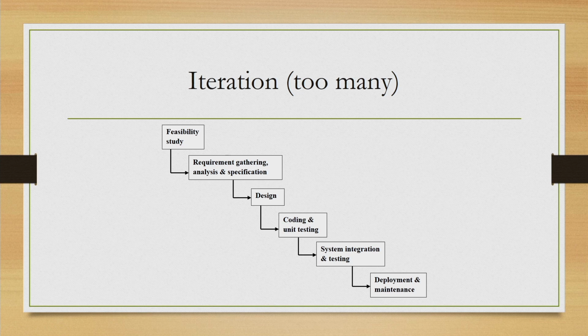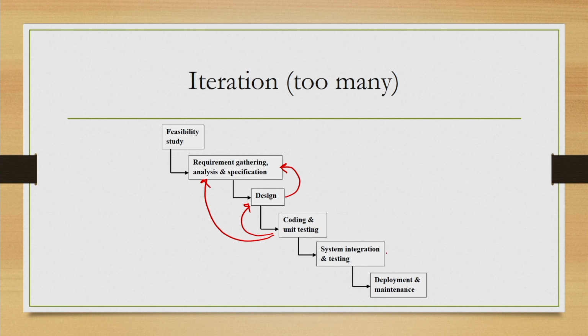So, if we relook at the waterfall model, then to get user feedback we need lots of going back and forth between the stages. Say for example, requirements gathered for a usable product and we designed, but then we found some problem and we may need to go back to the requirement stage. After design we came to coding, we may need to go back to design, or we may need to go back to requirement gathering stage.